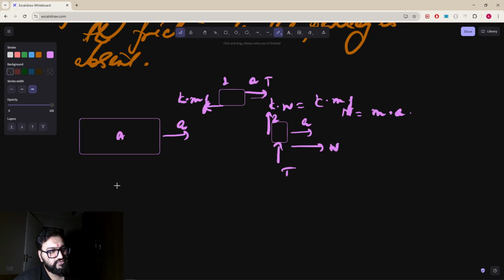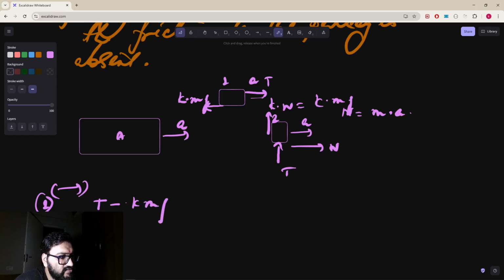Given these FBDs, let's write down the force equations. I'll write down, for body 1, and I've considered horizontally rightwards as positive: T minus k times mg should be equal to m times a.